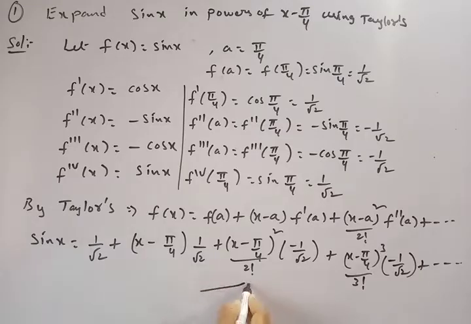If you want, you can write the fourth term also. Like this you need to expand sin x in powers of x minus pi by 4. Very important problem. Taylor's and Maclaurin's, he will give you one problem for sure. Okay, take down.